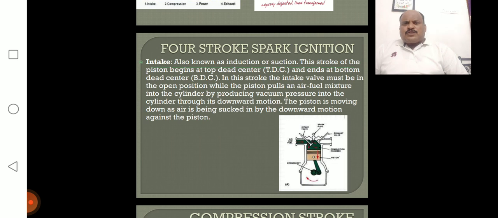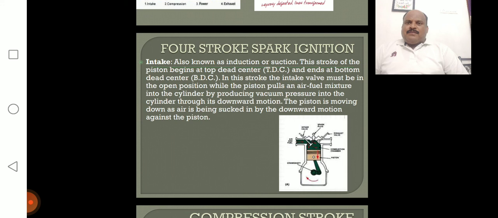Intake, the first stroke is known as intake stroke. What will happen in the engine? We will see. Intake is also known as induction or suction stroke. The stroke of the piston begins at top dead center and ends at bottom dead center.